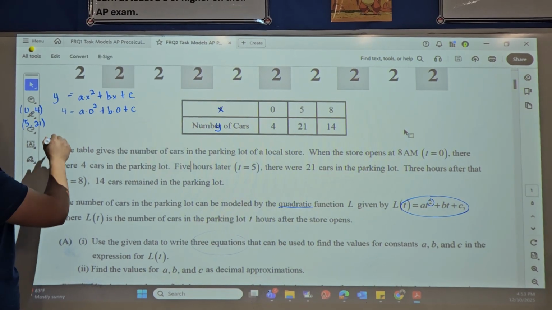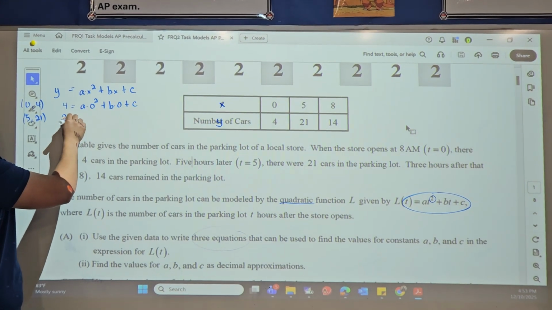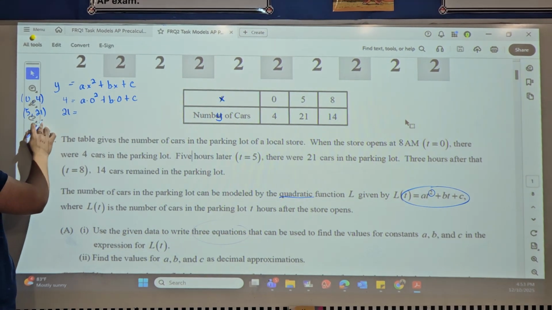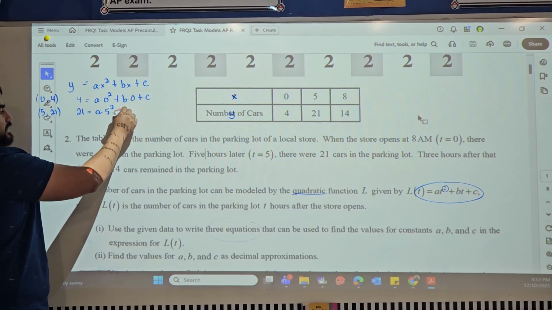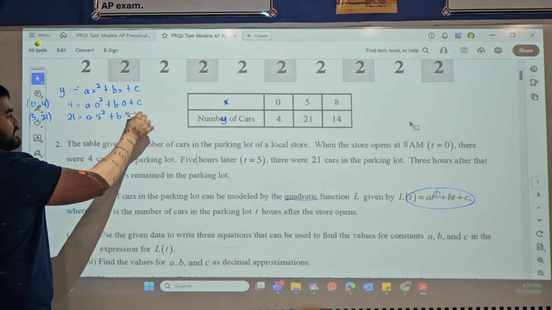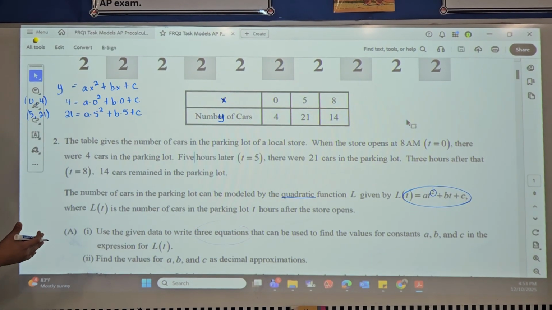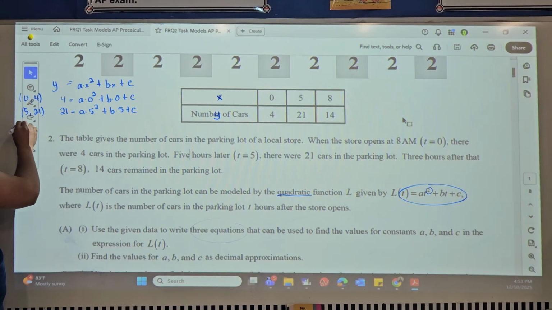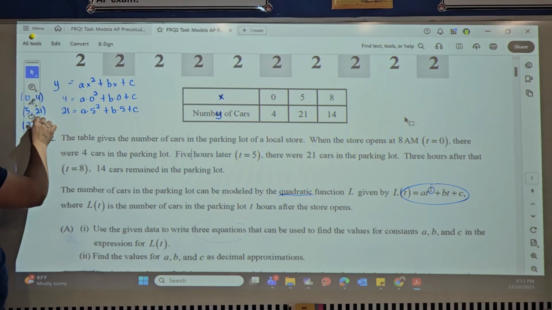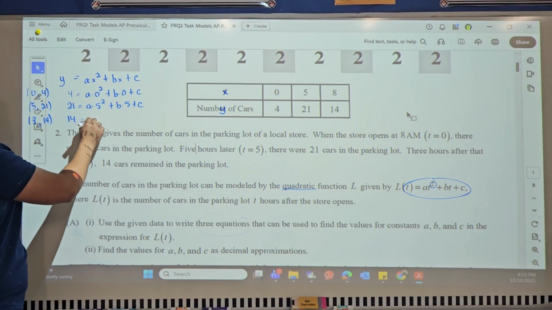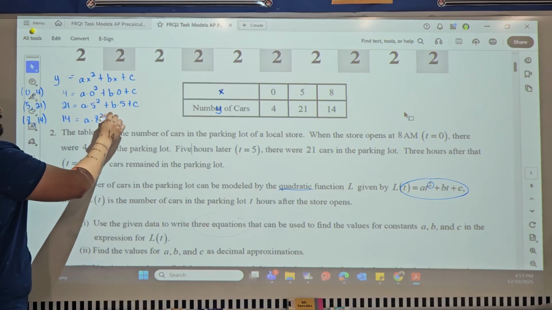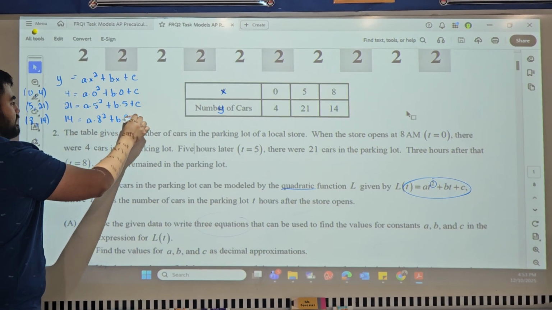I'm going to have 21 because that's my y. Second number is the y. 21 equals a times 5 to the power 2 plus b times 5 plus c. And finally, the final point is 8, 14. So now 14 equals a times 8 to the power 2 plus b times 8 plus c.